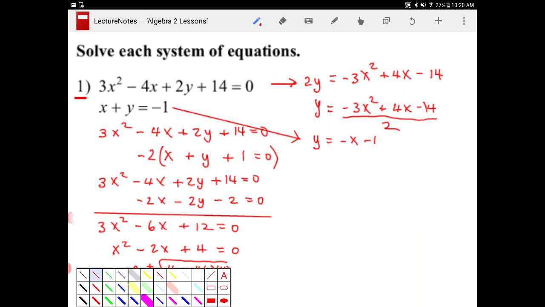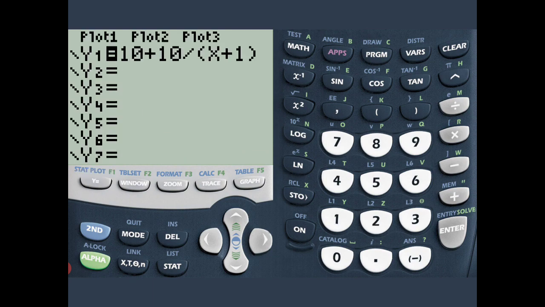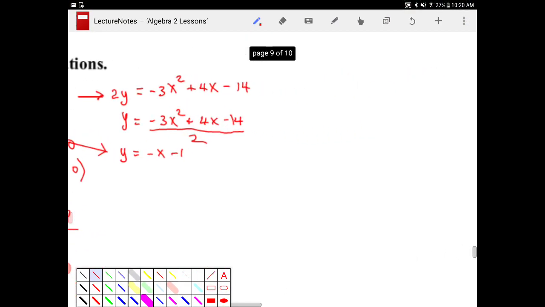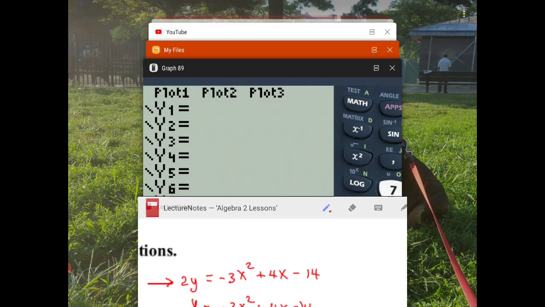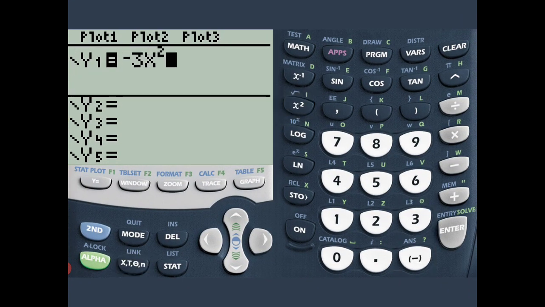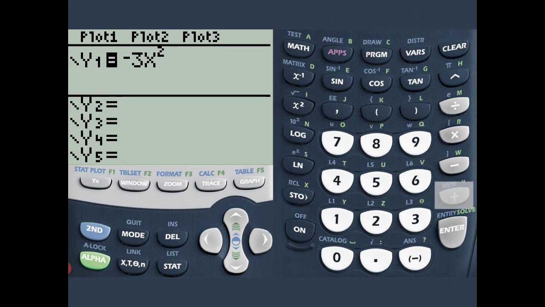I will go over here. I'm going to press y equals. I'm going to clear whatever I have, and I'm going to enter this. I forgot the equation already. So it's negative 3x squared plus 4x minus 14, and it's all divided by 2, right?